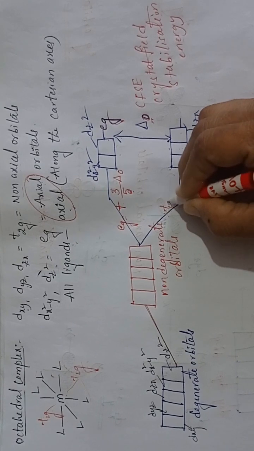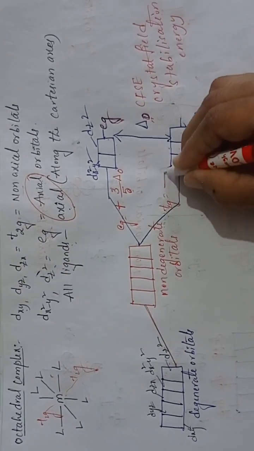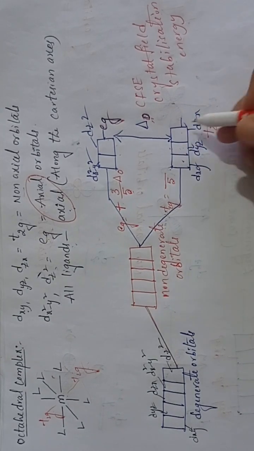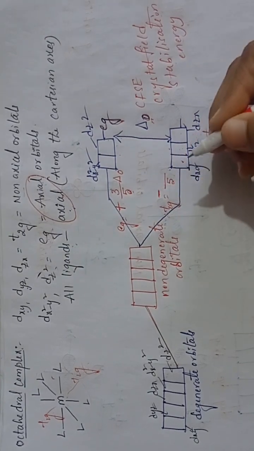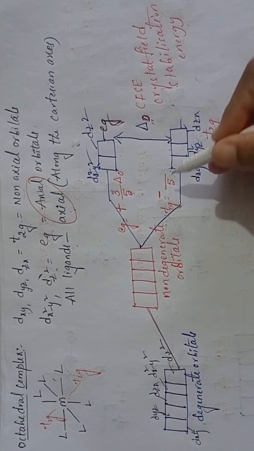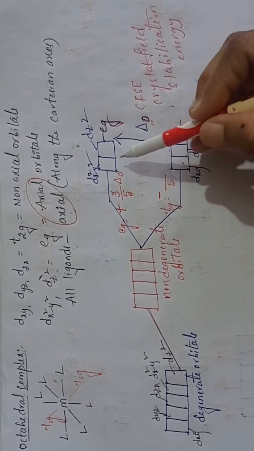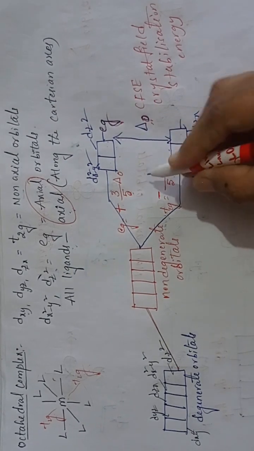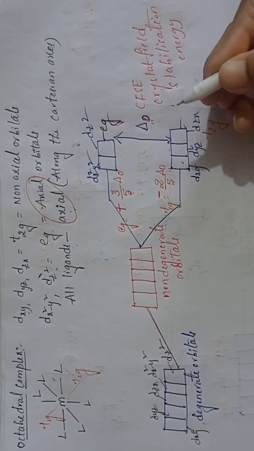Take the total number of orbitals in the denominator, and these orbitals' energy is decreased, so we have to take minus. In the numerator, how many orbitals' energy is increased? 1, 2. Total 2 orbitals' energy is increased. So that's why minus 2 by 5 into delta naught.